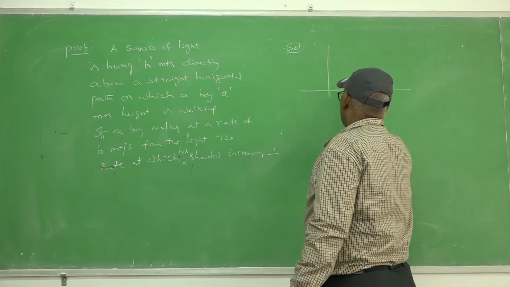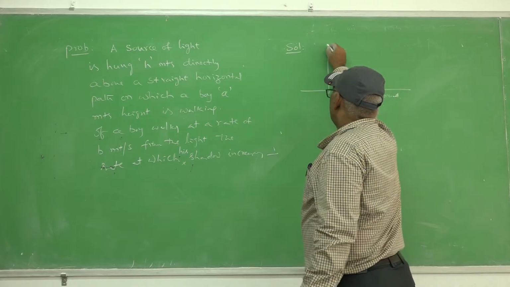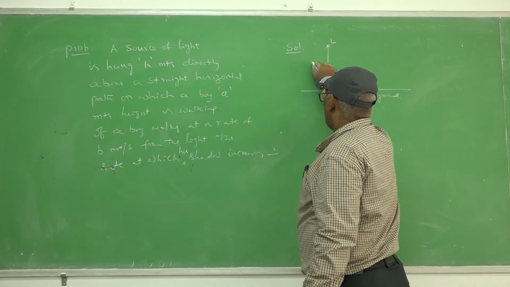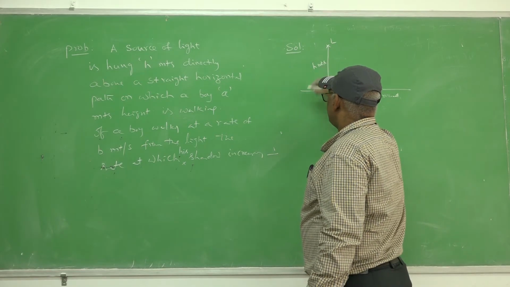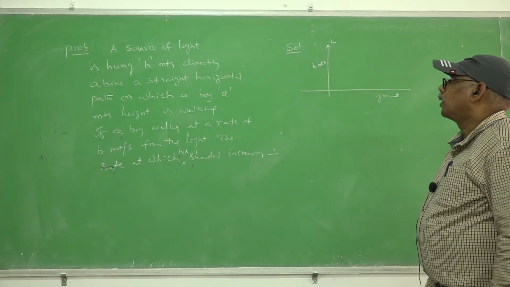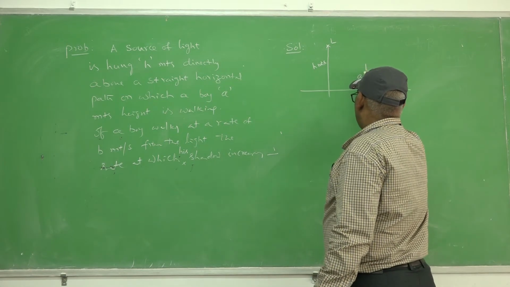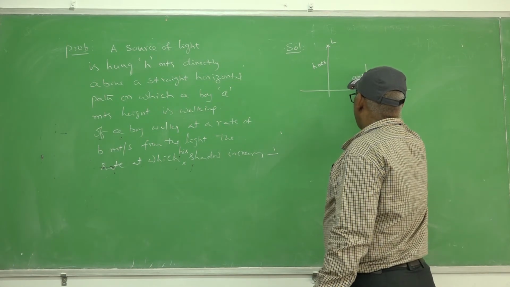Suppose this is the ground. The light is hung at the height of h meters. It is fixed. Now a boy of height a meters.